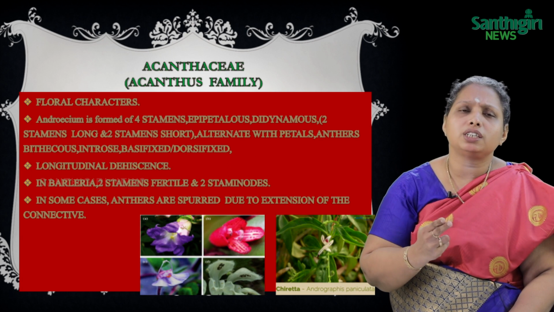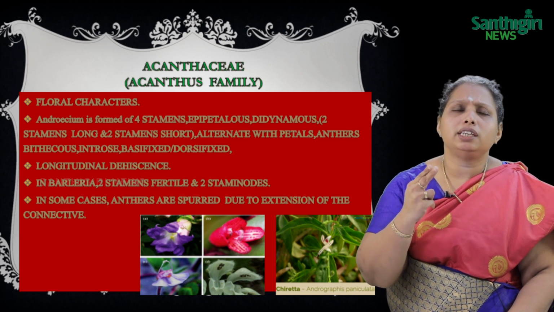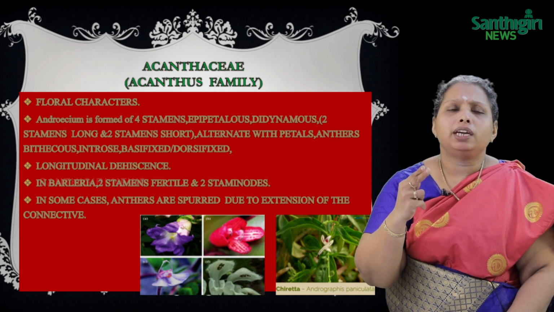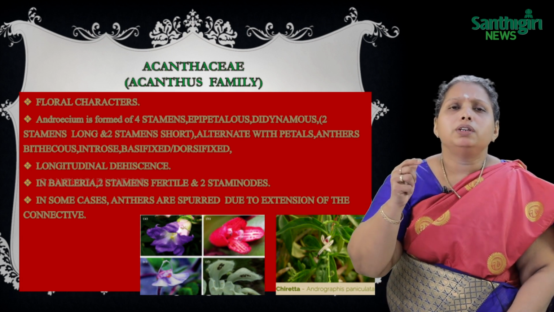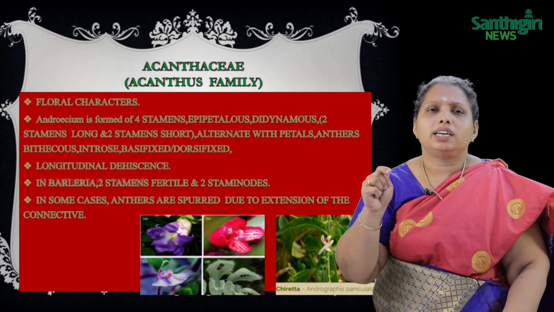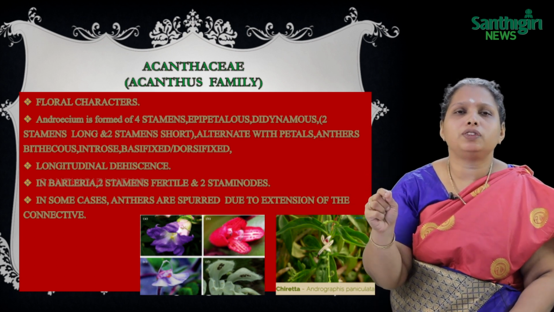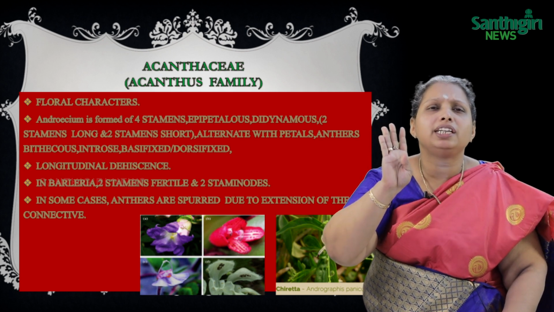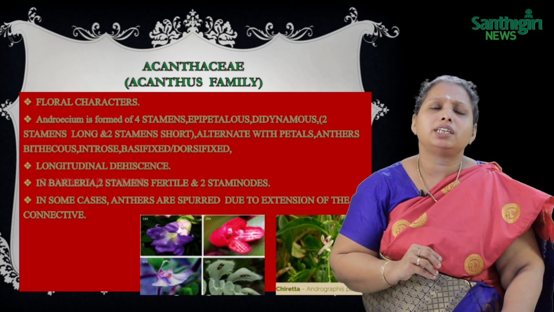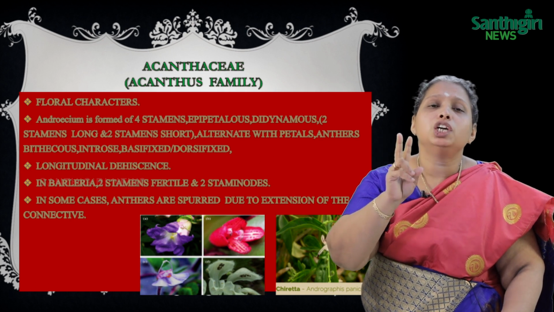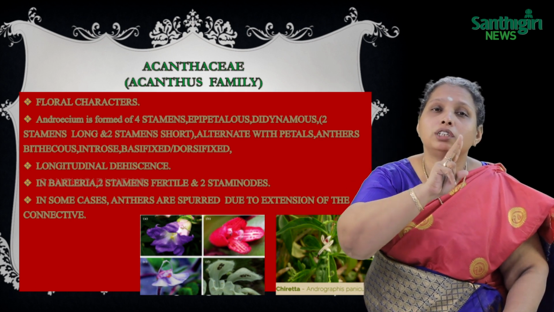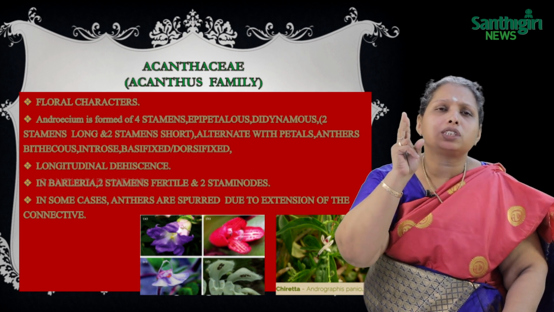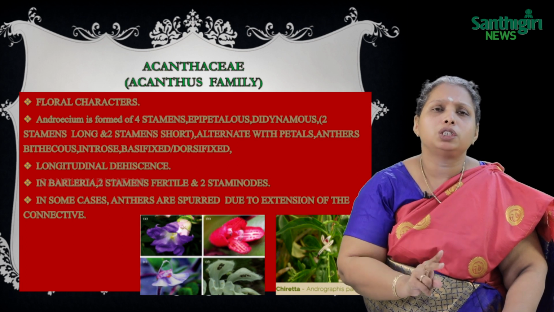In that condition also, when you write the floral formula, you should mention andrecium 2 plus 2. Then the andrecium 4 in didynamous fashion. What is didynamous condition? 4 stamens arranged in 2 levels, not 2 whorls: 2 stamens long and 2 stamens short.